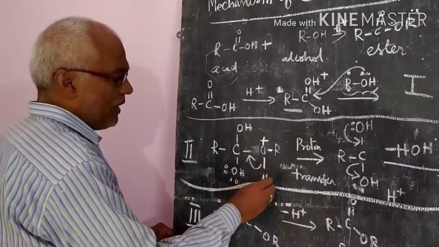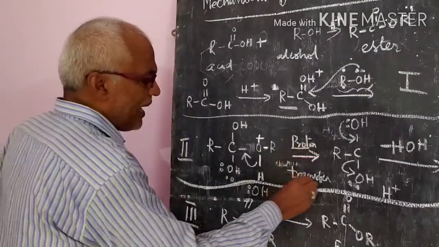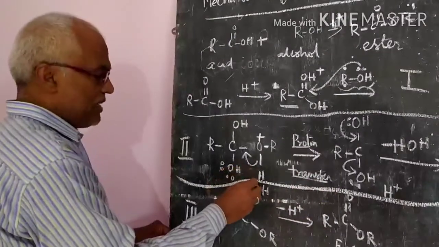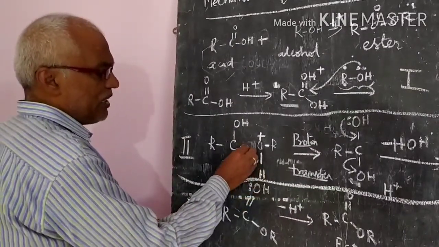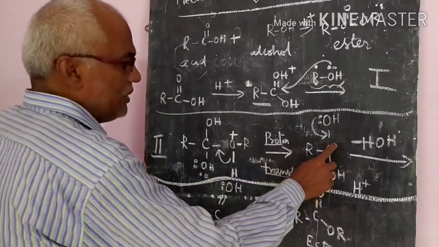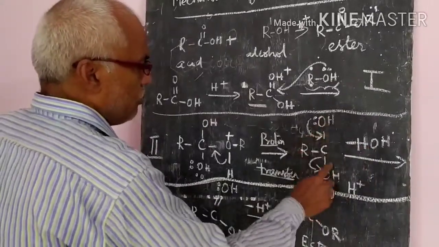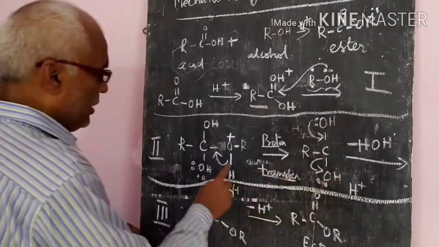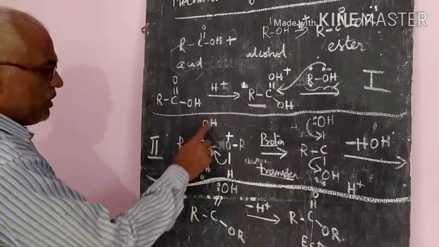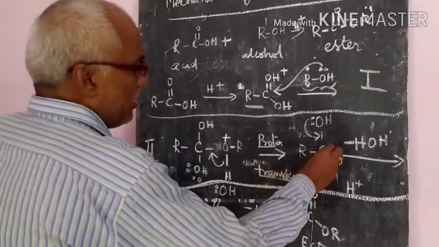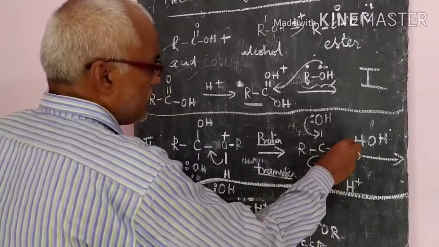Then proton transfer takes place. When the proton transfer takes place, two OH groups are formed. This hydrogen will be there, OH groups are formed, and here also OR dash is there.